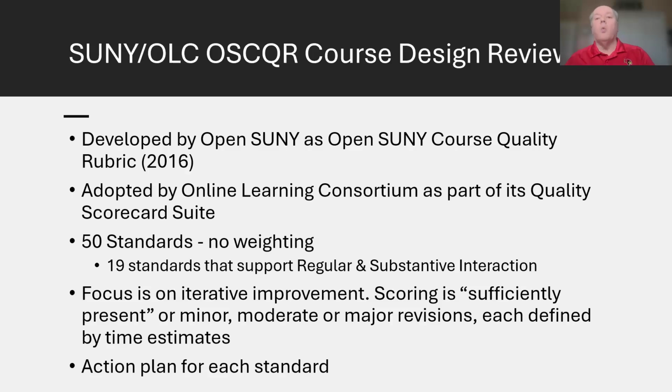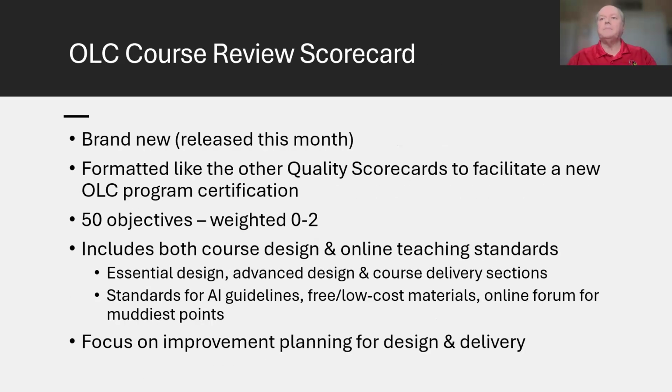So where the other ones are more like taking a course and seeing whether or not it meets a particular standard, this one is more gradated. So the OSCQR is, where are you as far as each of these standards? How far do you need to go? Or do you have this down? Do you need just to do a little bit of improvement? Do you need to do a lot of improvement? So that's a unique thing for the OSCQR.